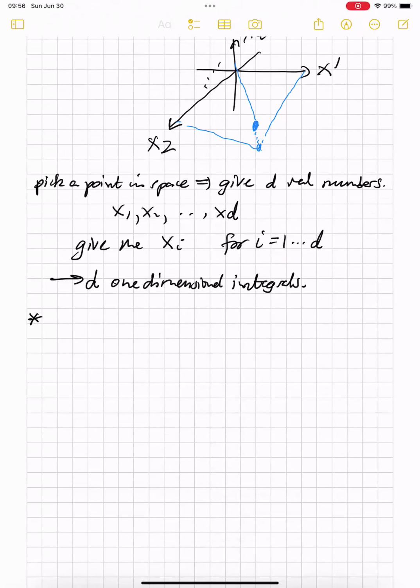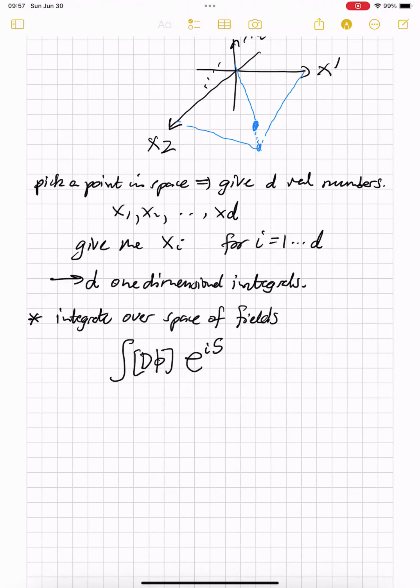So now we're going to say integrate over the space of fields. We still write an integral sign, and we write d phi. This means integrate over the space of fields. We could have whatever integrand we want. I'm just going to write down e to the iS, because this is pretty much always going to be our integrand, and that's what I'm nice and familiar with.